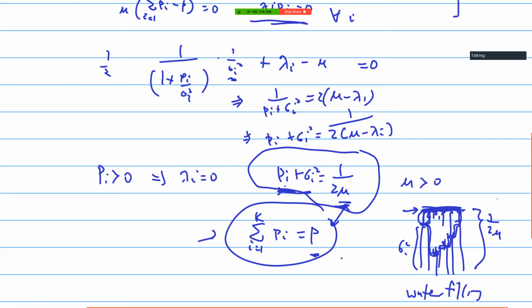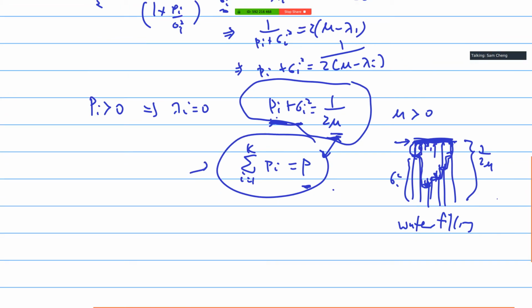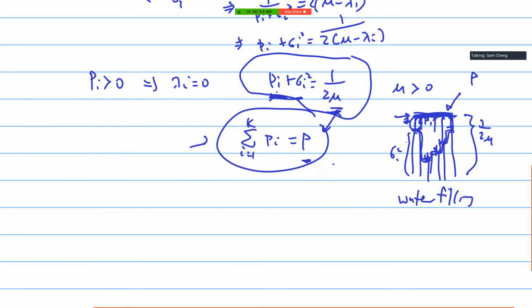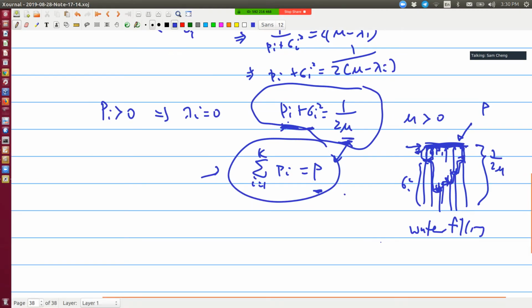So then the question is, how about if I continue to decrease the power? Let's say this area is P, and if we reduce this area, the water level will go down, but it will go down only up to the point of the highest one here.